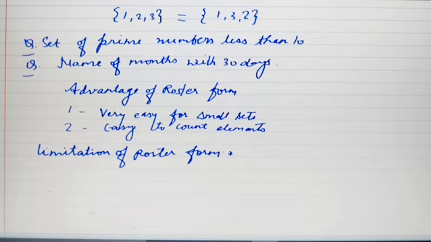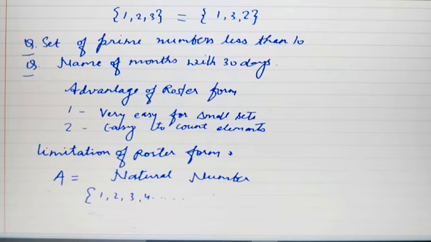See, let's suppose a set A is equal to natural numbers. So how will you write it? As you start 1, 2, 3, 4, how long will you go? It will be too big to write, too lengthy to write here.